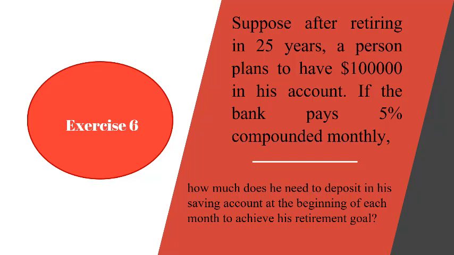The total time equal 25 years and J equal 5%, M equal 12, so I equal 5% over 12. With that, the annuity here will be each month. So to calculate N, N equal 12, which is equal M, times the total T, 25 years.